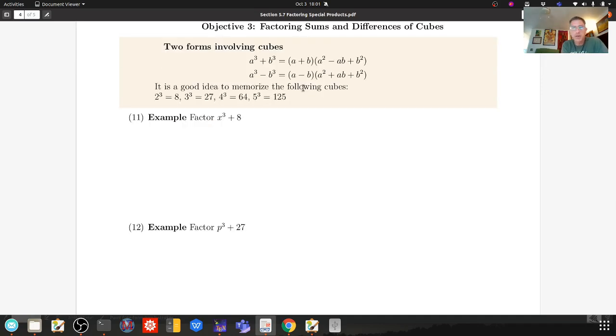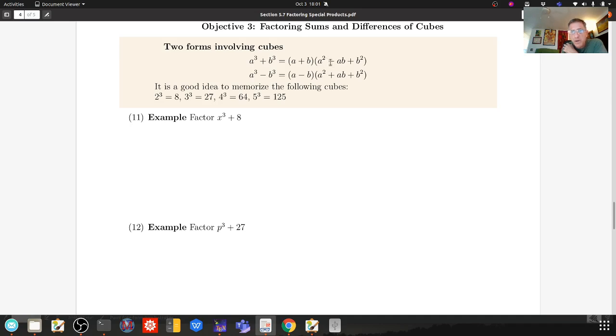Now this last one is forms involving cubes. There are special factorizations of cubes, and you have to more or less memorize these. So a cubed plus b cubed is equal to a plus b times a squared minus ab plus b squared.